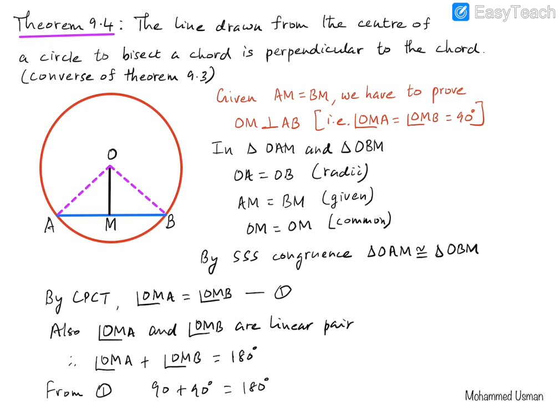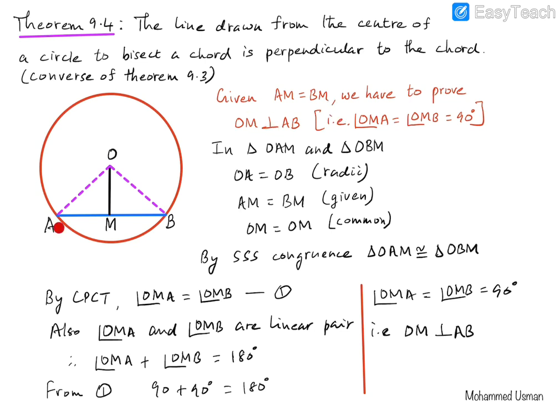So hence we have proven that angle OMA equals angle OMB equals 90 degrees. That is, OM is perpendicular to AB, which is what we had to prove.